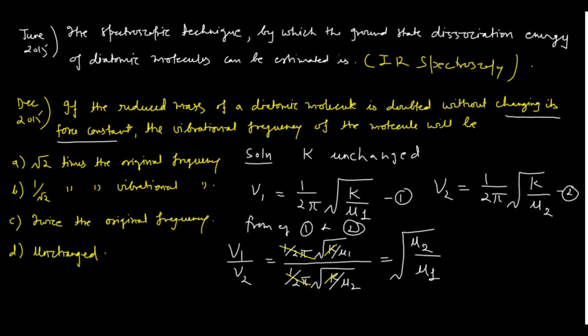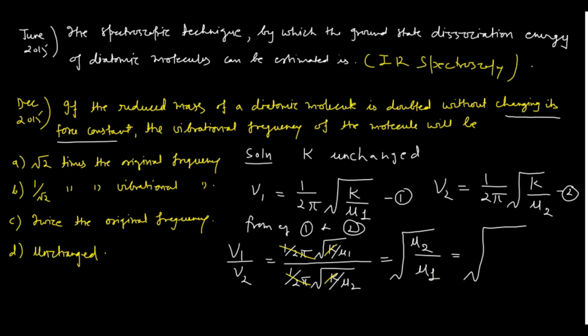How can you put the values? What is the question saying? The question is saying that the reduced mass of a diatomic molecule is doubled, right? So you are taking the second reduced mass as double the first one. So you can see here, this is your mu2, which is the second reduced mass, and it is double mu1.